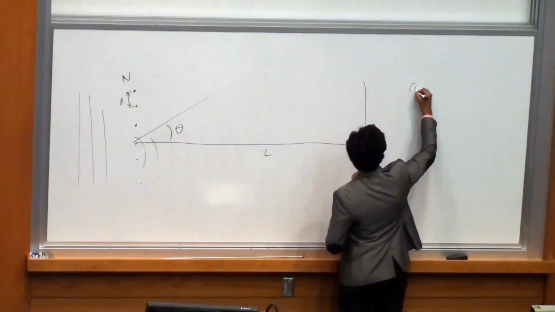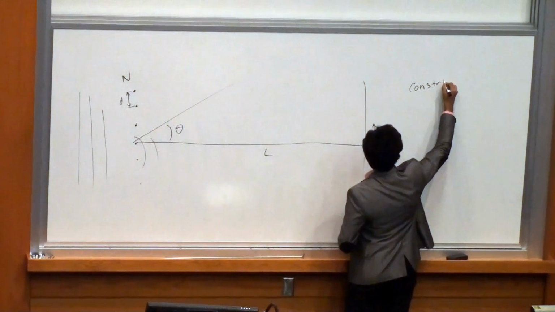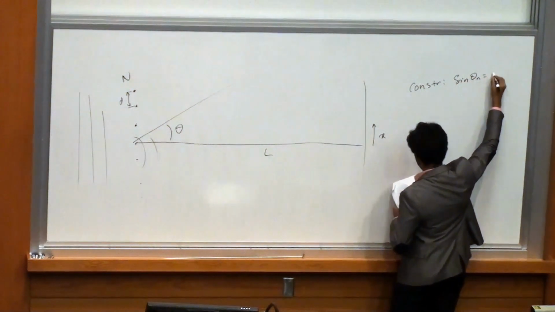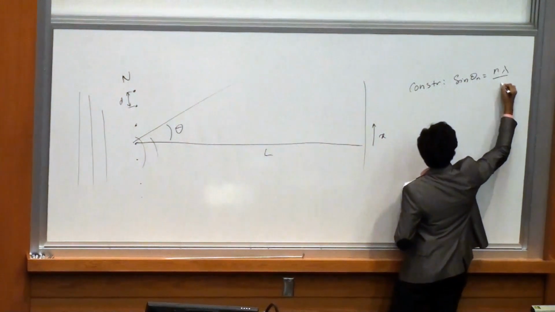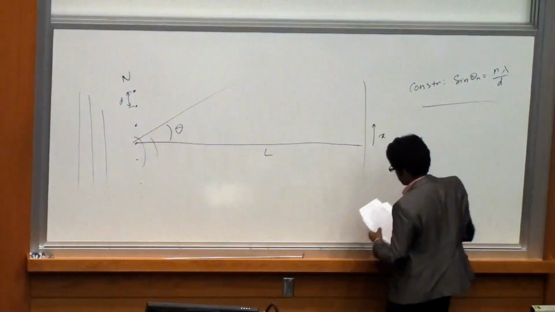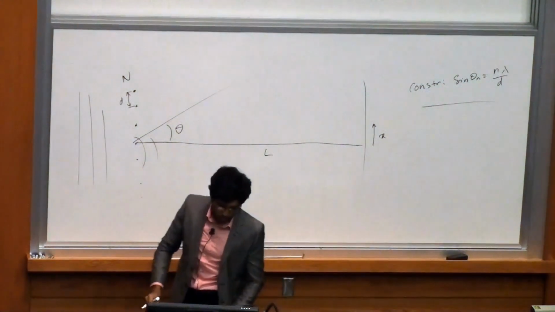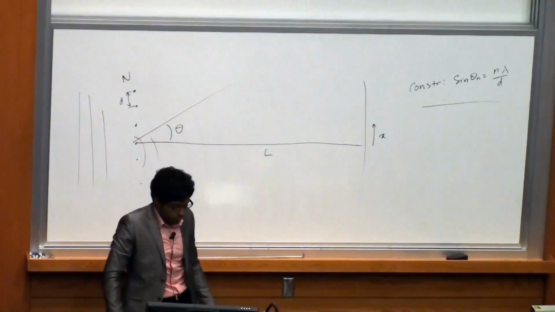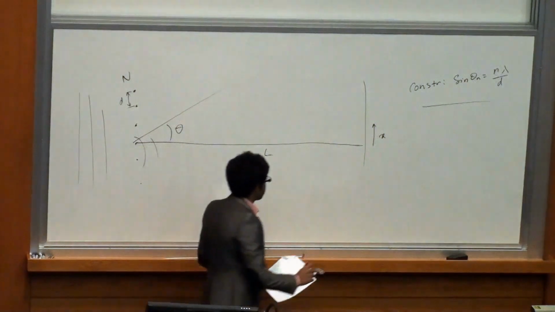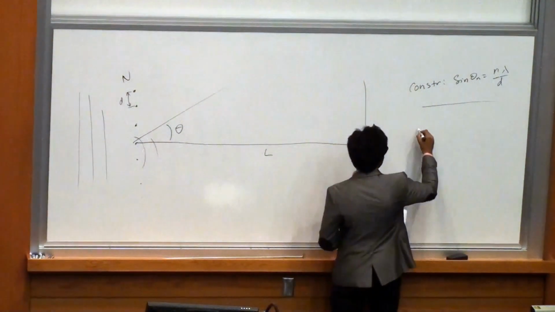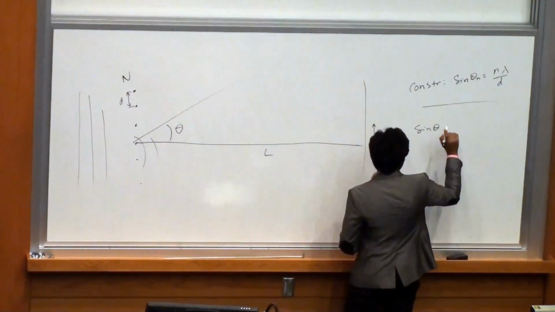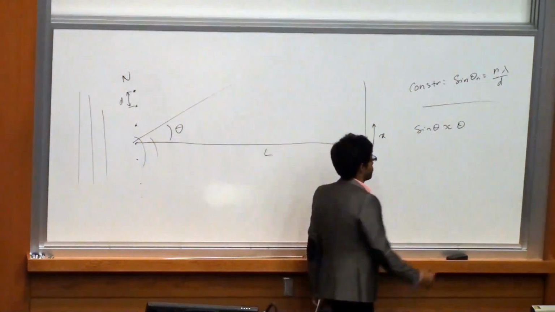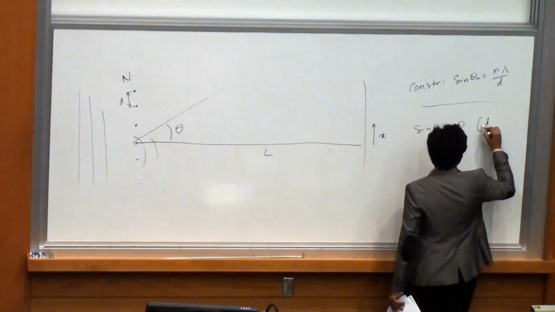Constructive interference you'll have at sine theta n equals n lambda over d. That doesn't change. If you're dealing with small angles, so basically when the distance is really large, we can make that approximation for sine. I mentioned this last time, sine of theta for small angles is simply theta. And of course, we're working in radians over here.